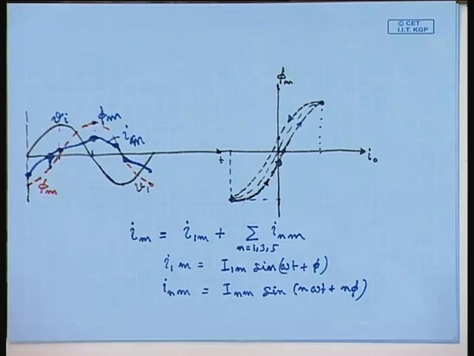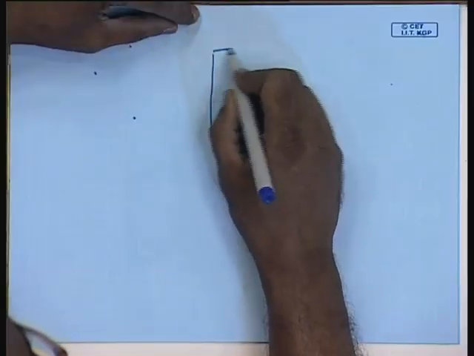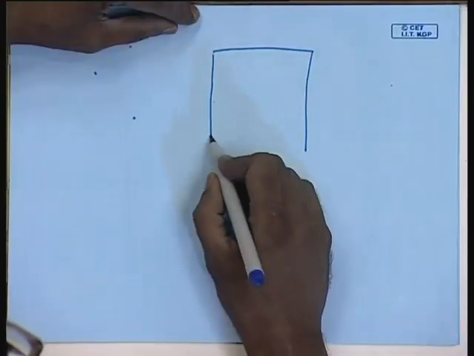However, when the voltage is first switched on in the transformer, it undergoes a transient before the flux settles down to its final sine wave value. During this period, the transformer can experience very large current. Let us see how. Again, this is the transformer on no load.